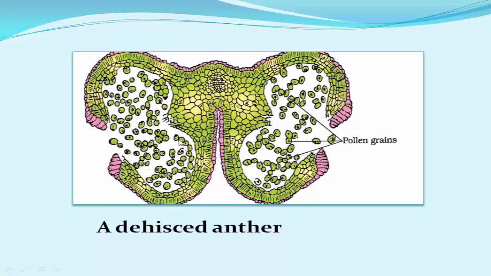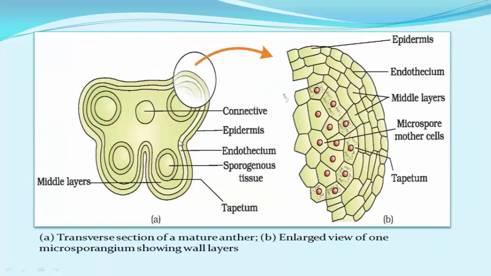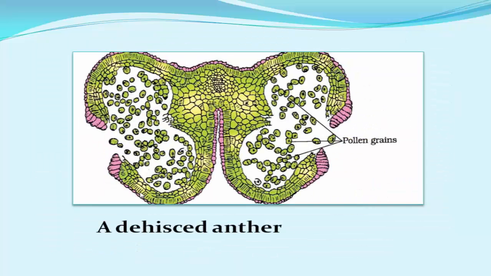The difference you can see from the previous slide: the edges are not ruptured because the anther is still in the young condition. Inside the anther, microsporogenesis is taking place. Once microsporogenesis completes, the anther matures and the splitting of the anther occurs with the help of endothecium, epidermis and middle layers.